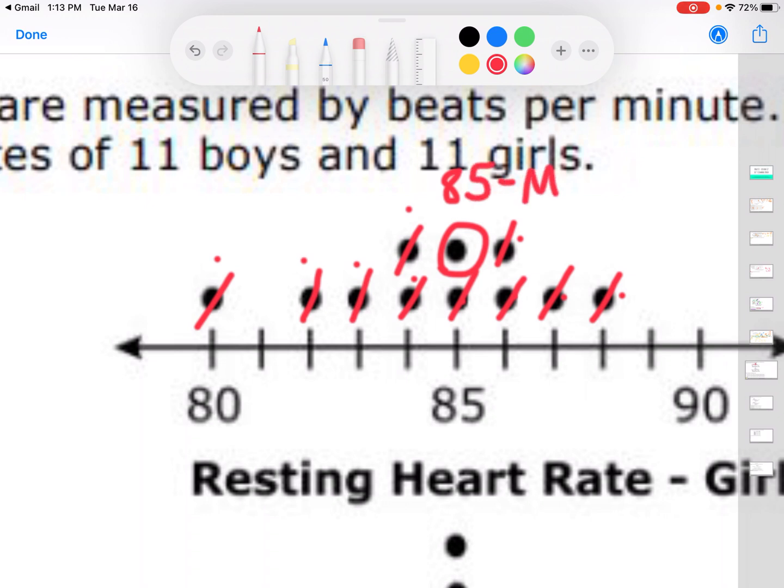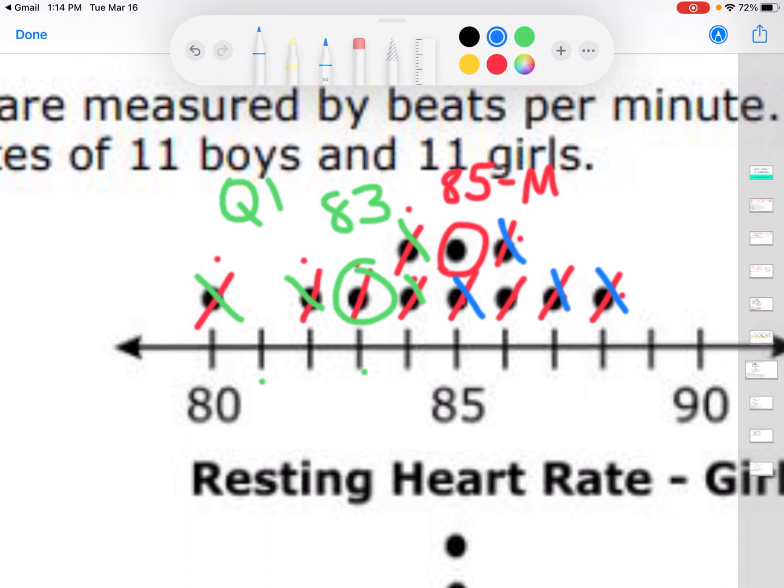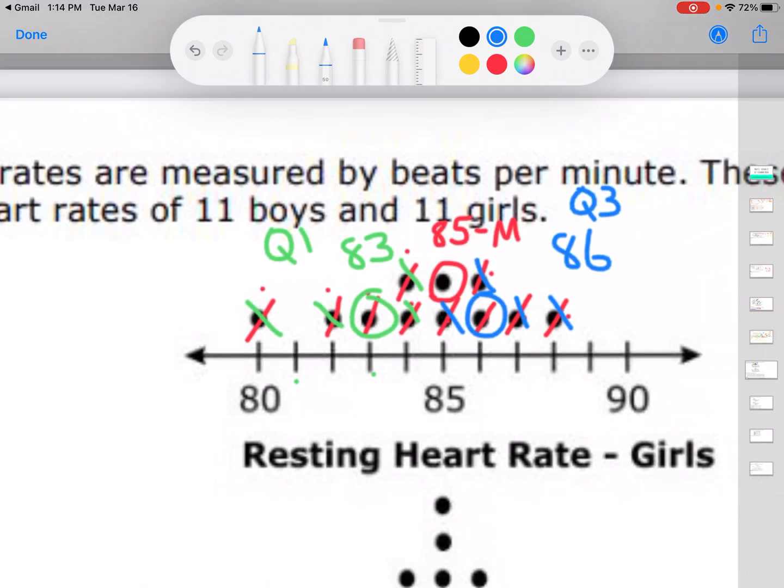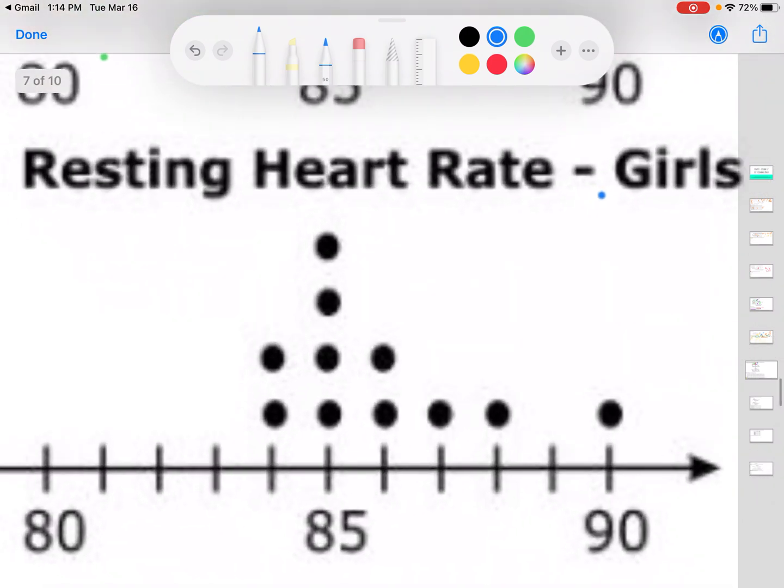Okay, so I check to make sure that I have the right number of dots in front and behind. So then I'm going to go, and that would be 81, 82, 83. And then 86 would be Q3. So then I have to check the other one.